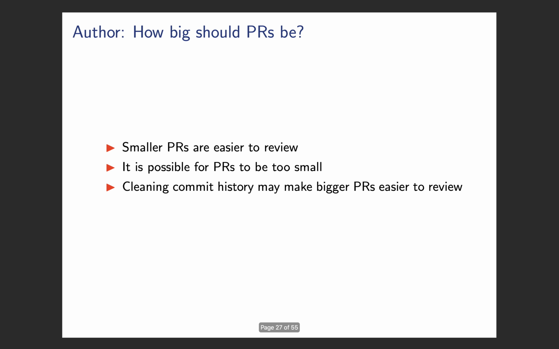Okay, so this is a related question: how big should your PRs be? I think we talked about this quite a bit 3 weeks ago, when we talked about the article that Casey had proposed. But a few comments. Smaller pull requests are easier to review and easier to fit into your schedule, but it's definitely possible for PRs to be too small.